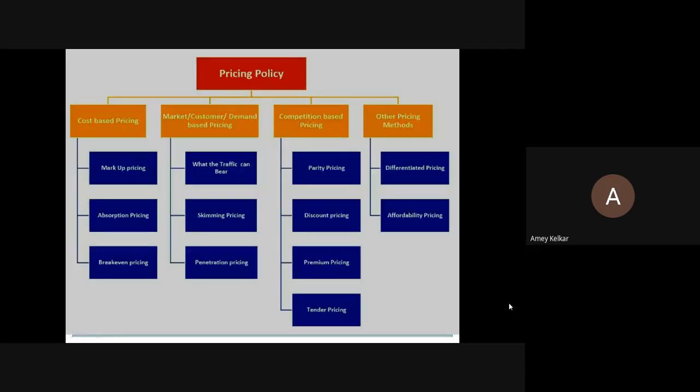Going further, these are the sub-things in it which we don't want to go into in detail for our syllabus. But if the question comes on the different policies or methods of pricing, under these four heads you can list these: markup pricing, absorption pricing, break-even pricing. Break-even pricing is the one wherein we are just happy with no profit, no loss.